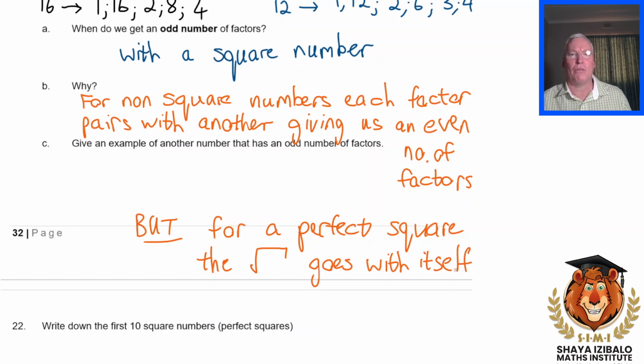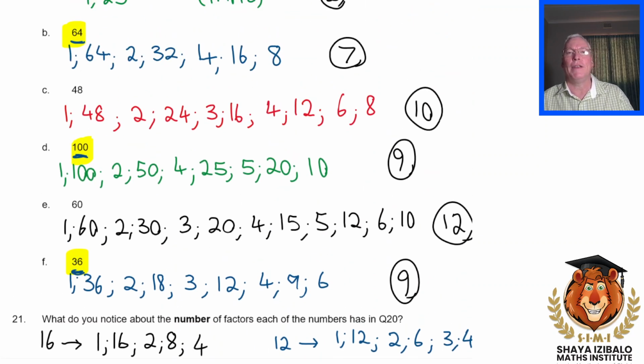Okay, let's just make sure we've got this. So over here, with the perfect squares, those two go together. Those two go together. Those two go together. Even number so far, and then this one goes on its own. With 100, these two go together, these two go together, these two go together, these two go together.